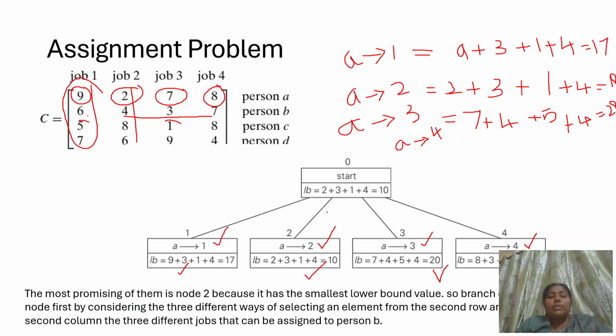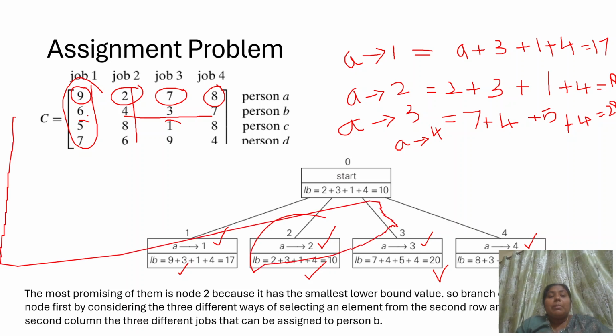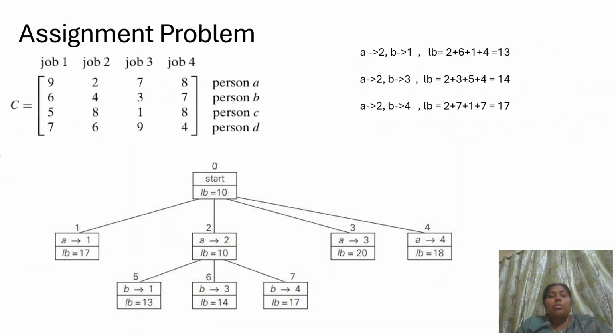Among these, this is a minimization problem, so we are just going to select the lower bound only. The lower bound, which one is minimum? 10 is considered to be the minimum one. So I am just going to take 10 here and explore with that one.